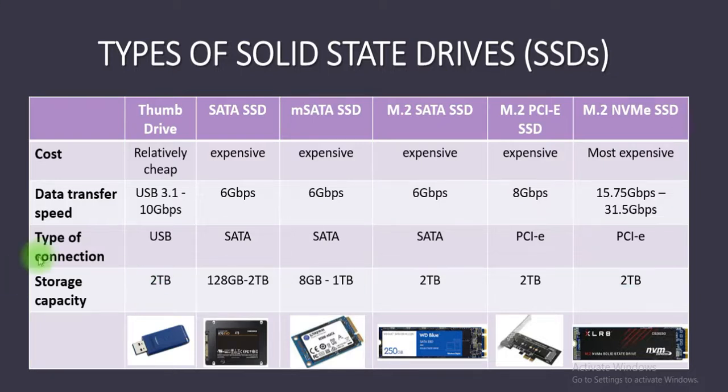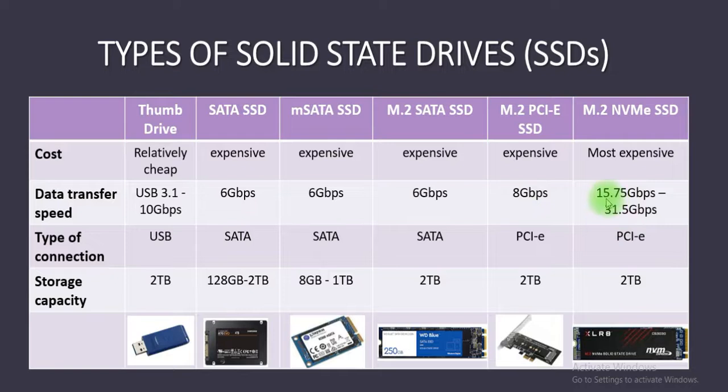Now in terms of data transfer speed, that is really the time that it takes to transfer data, for instance, from one device to another, or from one location to another. Look here, you see how fast this is?